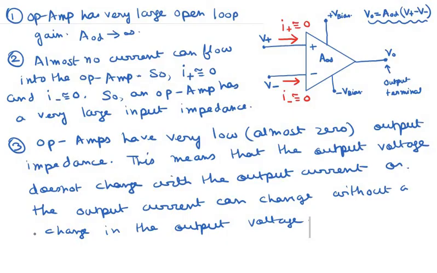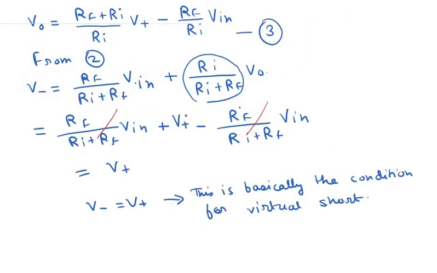So when we did not consider the current flow at the output of the op amp, we were basically using this property. Okay, so as I stated, this virtual short is basically a result of property number 1, 2 and 3. So this condition is basically known as virtual short, that the inverting and the non-inverting terminal must approximately reside at the same voltage in the closed loop configuration of the op amp.